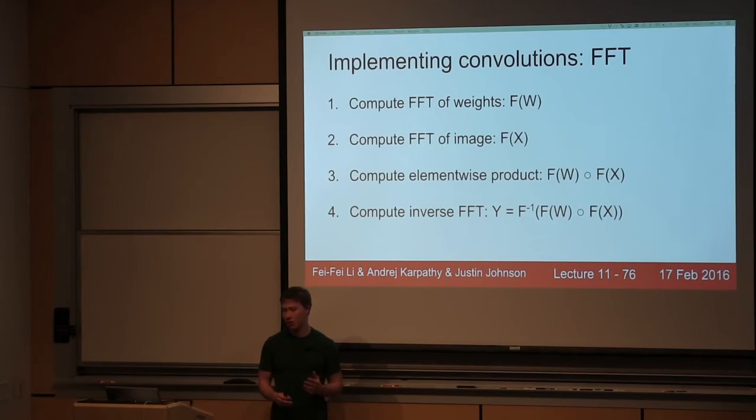First, we use the fast Fourier transform to compute the Fourier transform of the weights, and also the Fourier transform of our activation map. Now in Fourier space, we just do an element-wise multiplication, which is really fast and efficient. Then we use the fast Fourier transform again to do the inverse transform on the output of that element-wise product. And that implements convolutions for us in this cool, clever way.